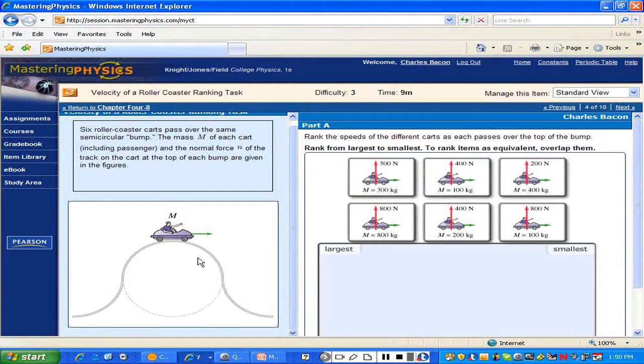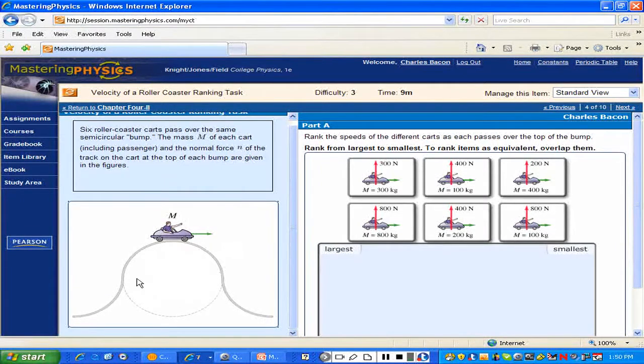And the reason it's different is these carts will be moving at different speeds. So how do we want to approach this? Clearly you could say this is in Chapter 4, so this is a force, a Newtonian mechanics type problem. And that's true. That's probably a good guide. If you know what chapter you're in, you know what kind of concepts we want to use for the problem. So let's approach this from the standpoint that it is Newtonian mechanics.